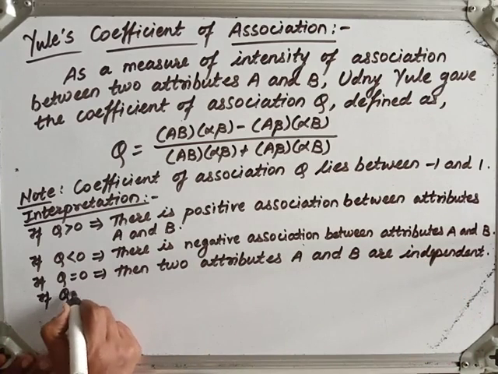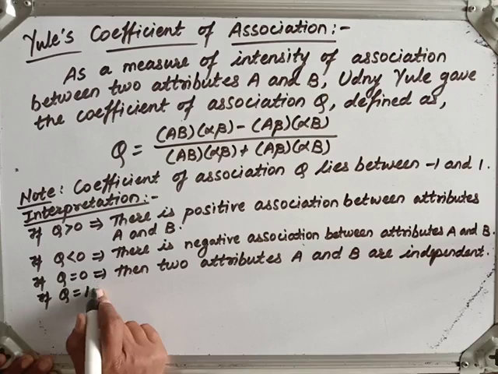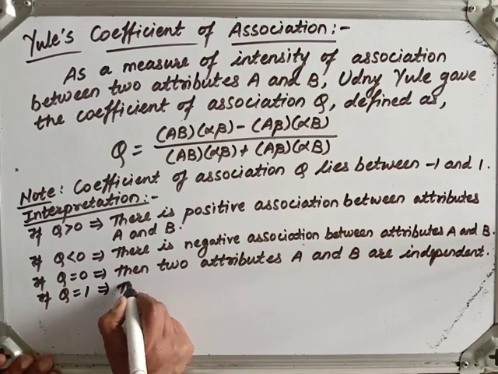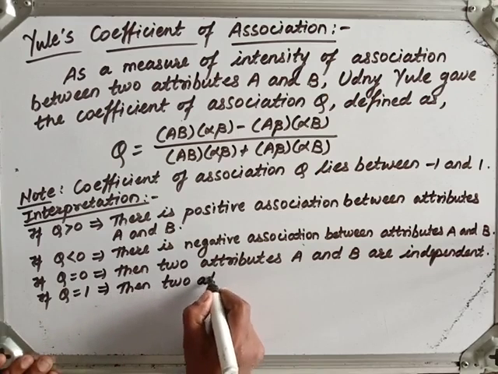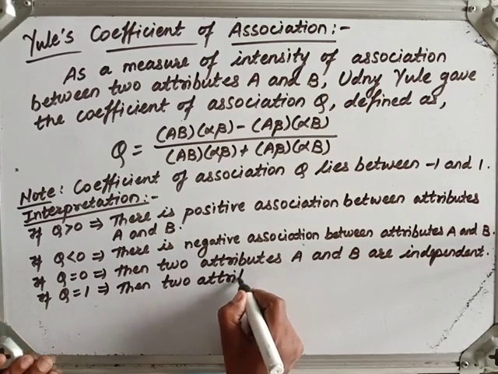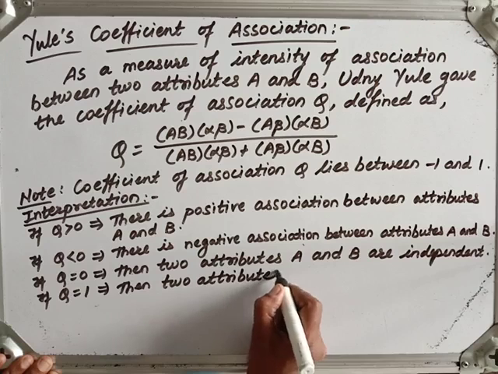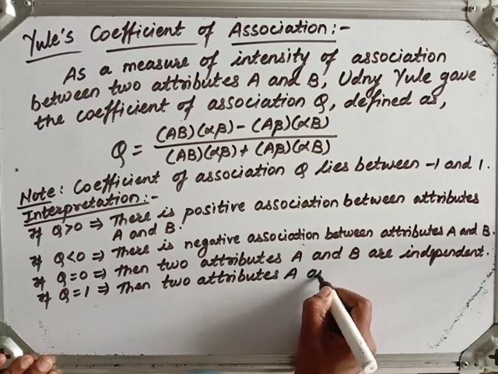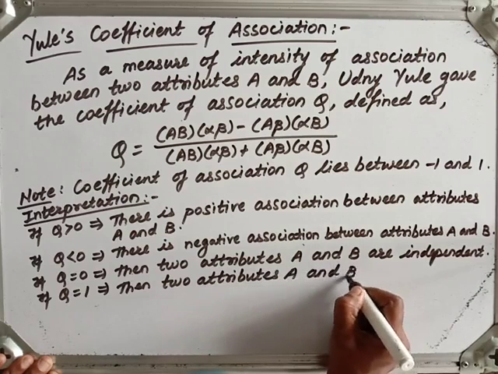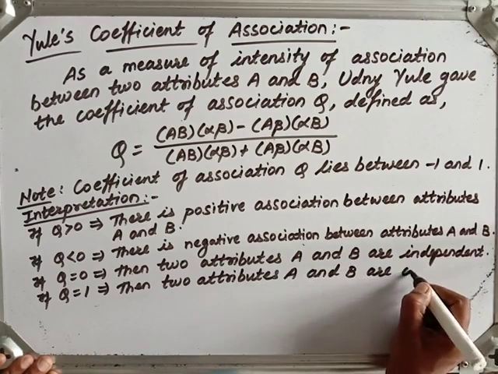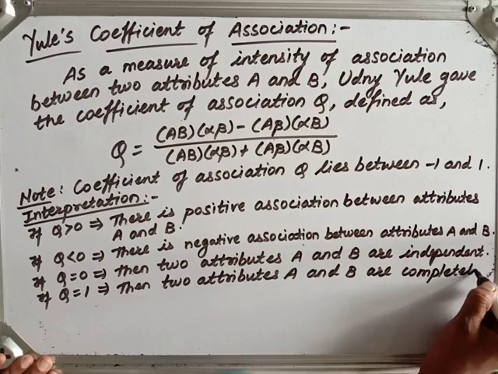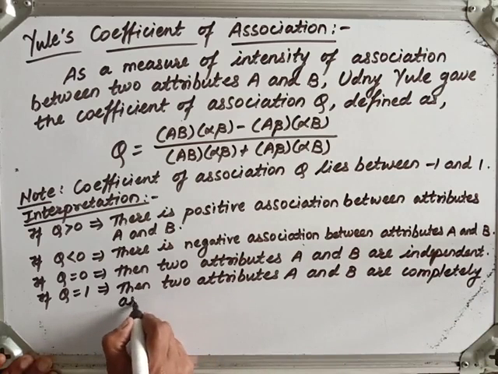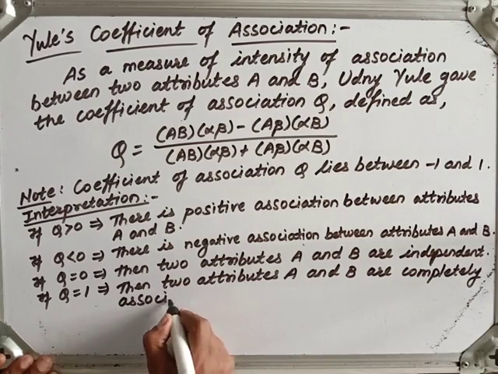If Q is equal to 1, then the two attributes A and B are completely associated.